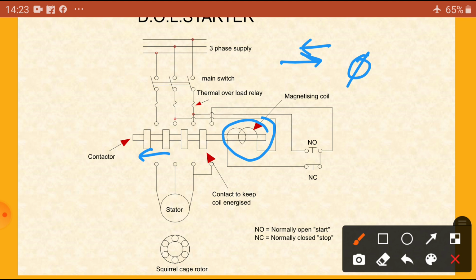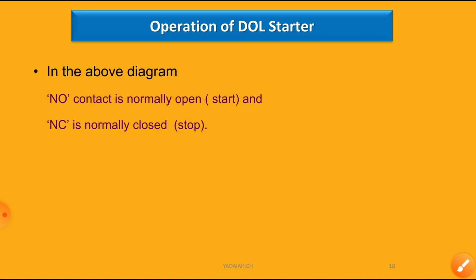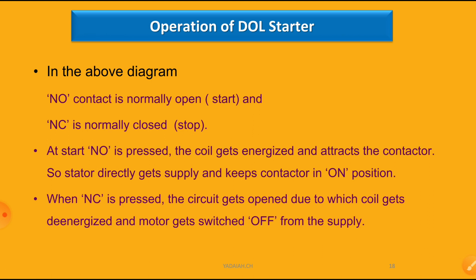Okay, so let us summarize. What we have seen here. What is the operation? In the above diagram, the start contact is normally open and NC is normally closed. At start, NO is pressed, the coil gets energized and attracts the contactor.